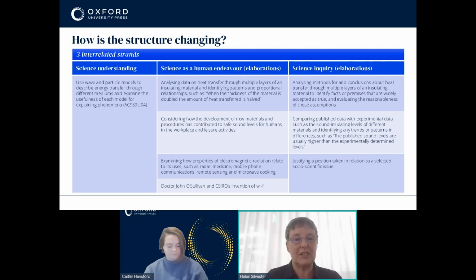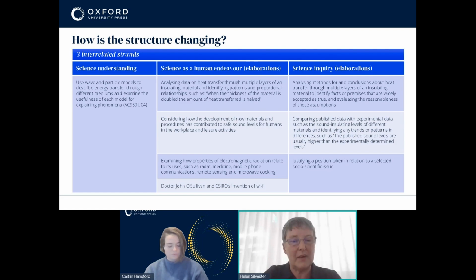It's very tempting just to read the content strand, but when we talk about energy transfer through different mediums, we're also looking at identifying patterns and proportional relationships of thickness of material for heat. So that science as a human endeavour directly relates back to that science understanding.